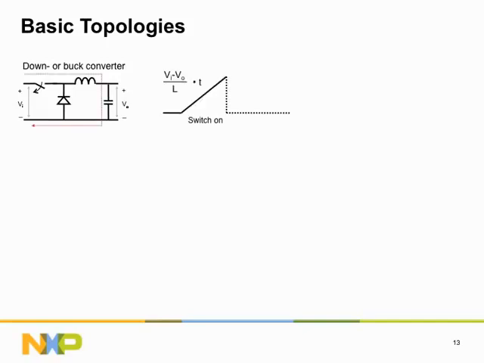When the switch is closed, current starts to flow through the components as indicated by the red arrow. If we assume that the output voltage of the buck converter, VO, is constant, there is a constant voltage drop across the inductor.